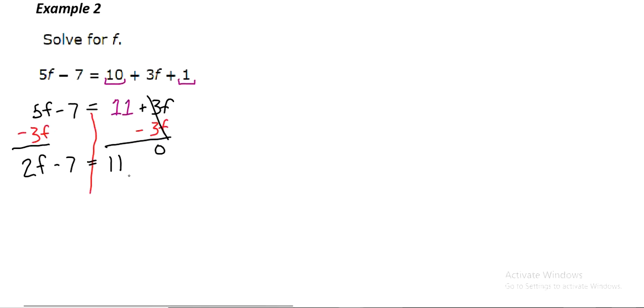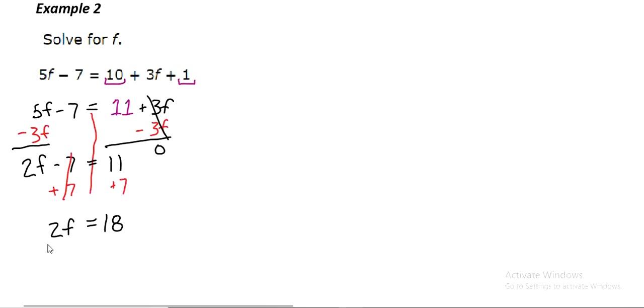All right, now we're on to step 3, where we are just trying to get the variable alone. I'm going to move what's added or subtracted first. So I notice subtract 7. I'm going to do the opposite by adding 7 to both sides. Those will cancel out there. We'll have 2f equals 18.